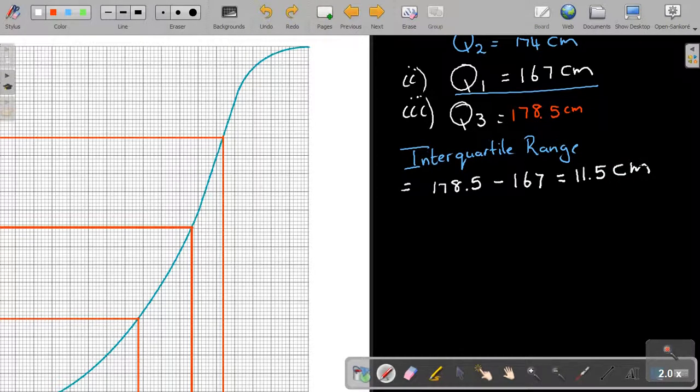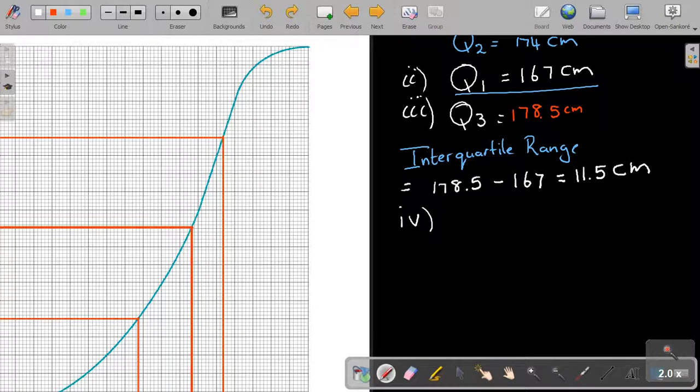I just want to quickly check something. So it's 178.5 minus 167, and that's going to be 11.5 centimeters. That's 100% correct. Okay, and then the next one, the last one.